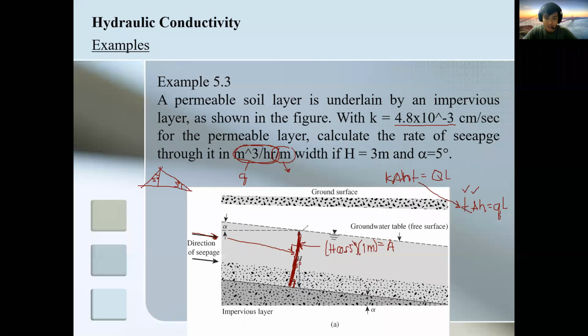Okay, we can say that the surface of the water going towards the lowest point of the water, which is 3 meters. And the length, so again, the length should be parallel to the direction of the flow. So meaning, if this one is 5 degrees, and let's say the total distance L, kuha lang siguro siya X, di ba?